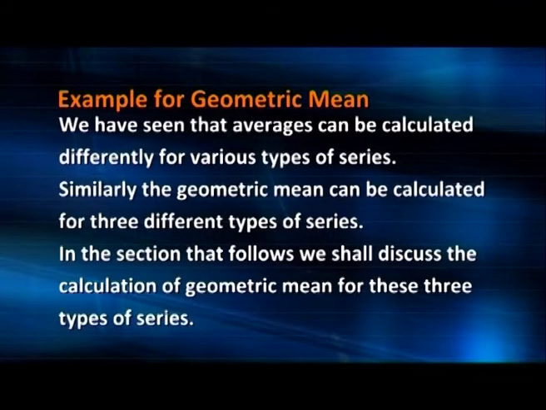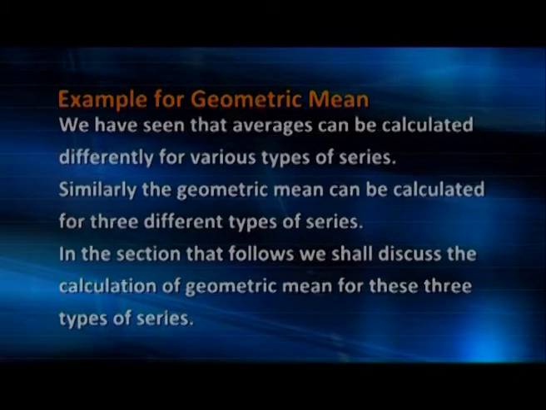We have seen that averages can be calculated differently for various types of series. Similarly, the geometric mean can be calculated for 3 different types of series. In the section that follows, we shall discuss the calculation of geometric mean for these 3 types of series.